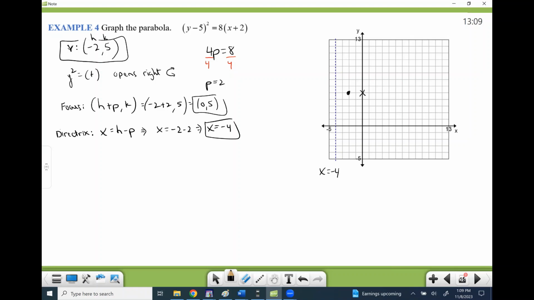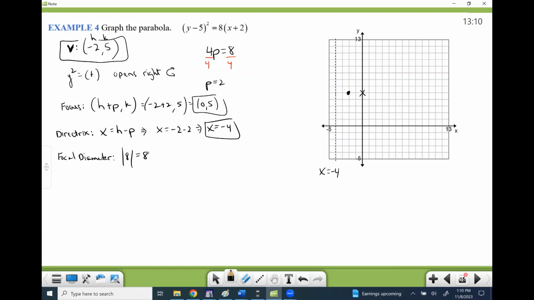Boy, that sure looks like an R. Make sure that looks more like a B. Okay. Now we just don't know how wide, so let's go get the focal diameter. We have to take the absolute value of the number that's in front of the non-squared term. The absolute value of 8 is 8.